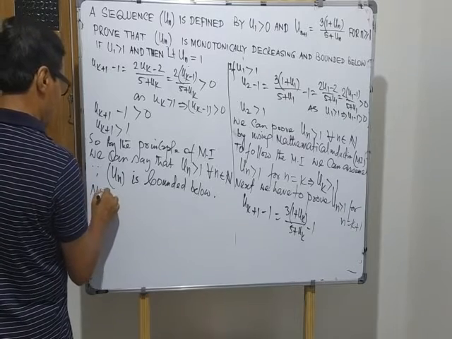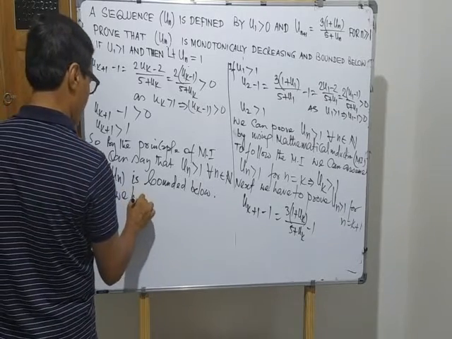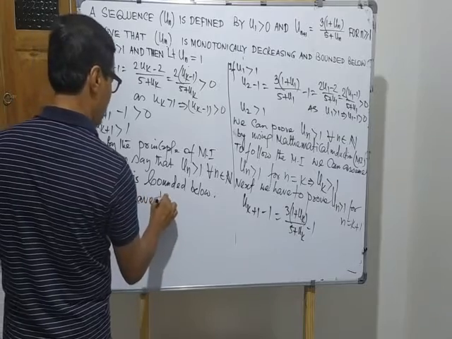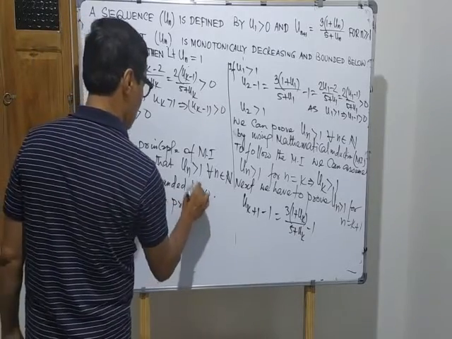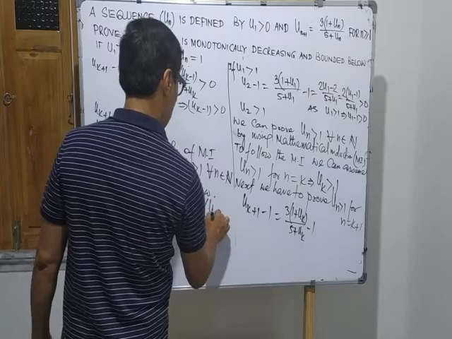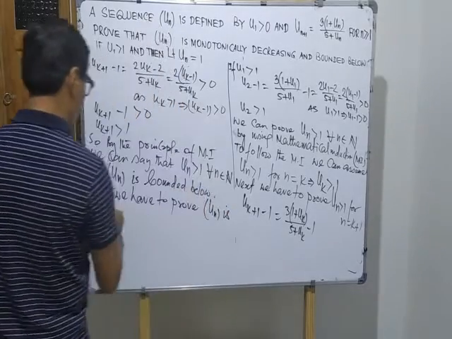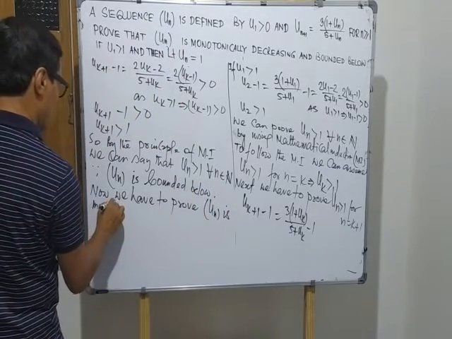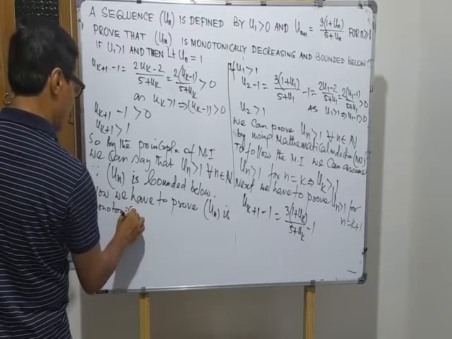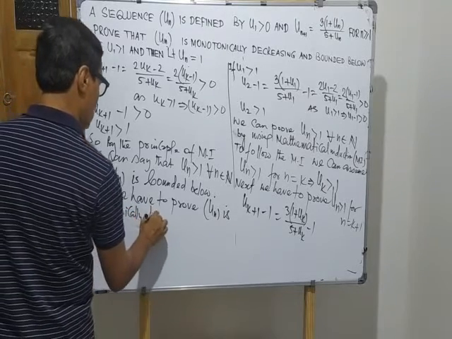Now, we have to prove u_n is monotonically decreasing sequence.